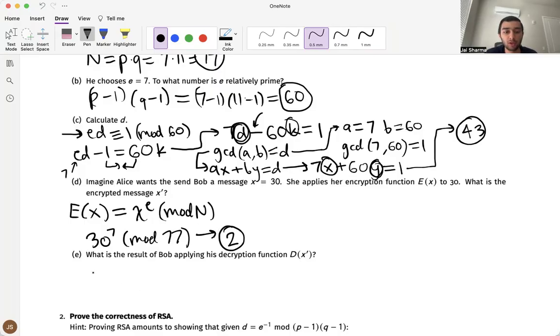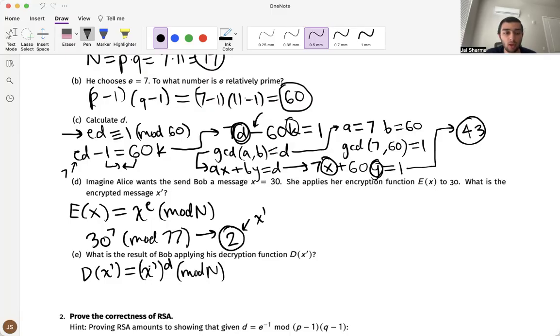And then Bob, he takes anything that he gets, the encoded message, X prime, and decrypts it by doing the following. He'll take that message and raise it to the power of D, which is his private key, and then take that mod n.